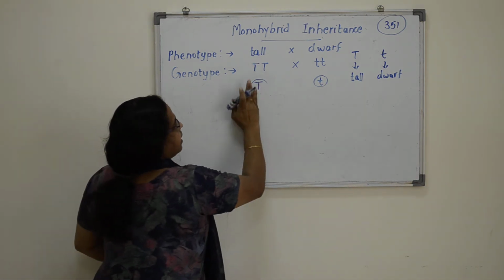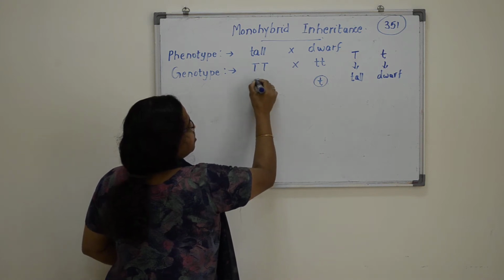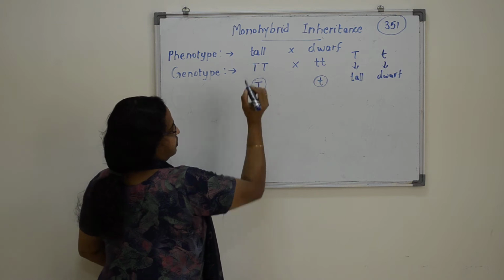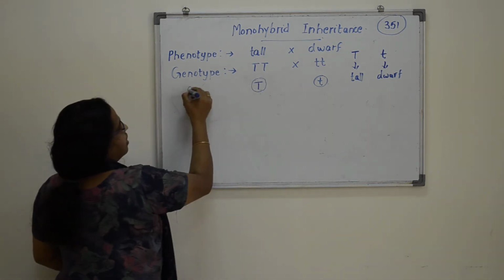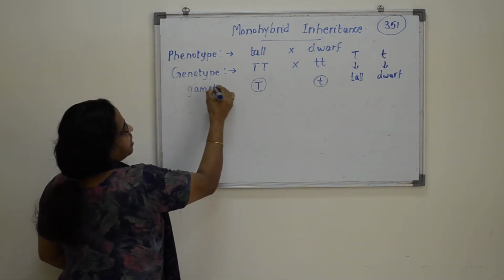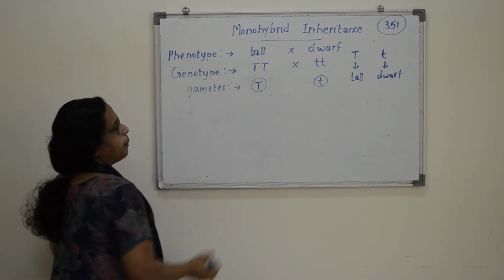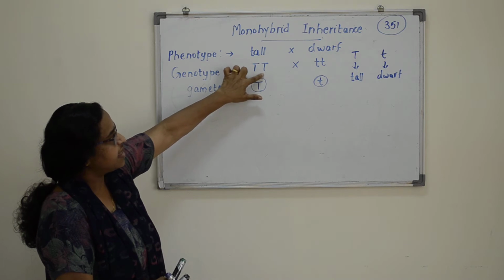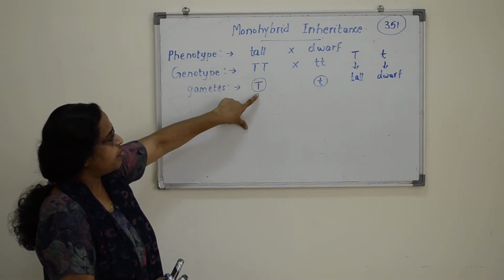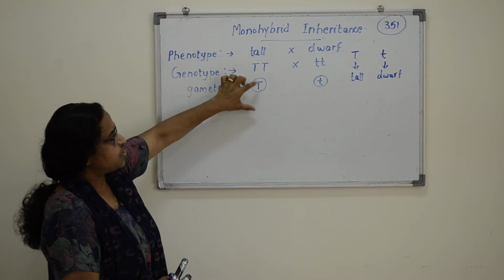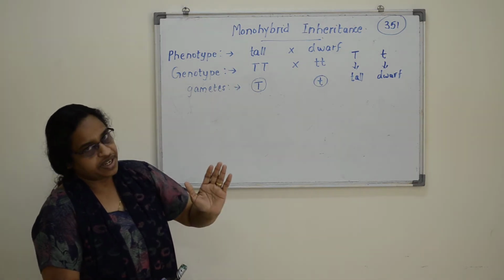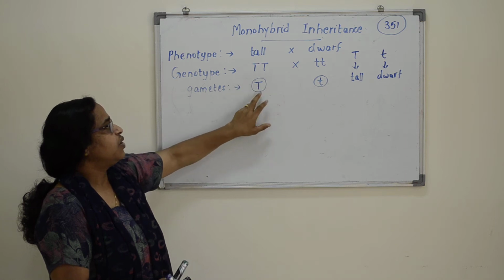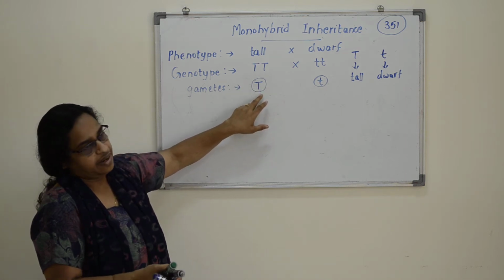Maybe you will get mistaken that capital T should be big. No, it's like this. So these are the alleles present in the haploid cells. This is haploid, and this is diploid. Two sets are there, and when the gametes are formed by meiosis, each chromosome will get separated along with the alleles, and one allele will go to each cell.